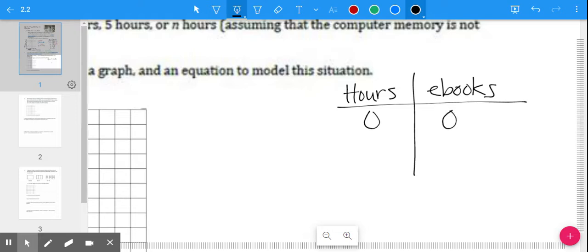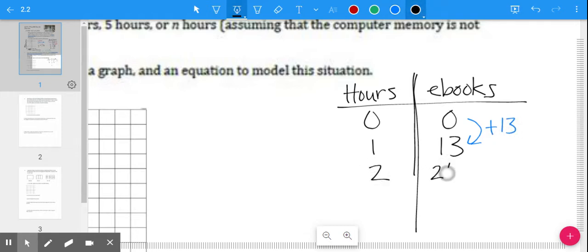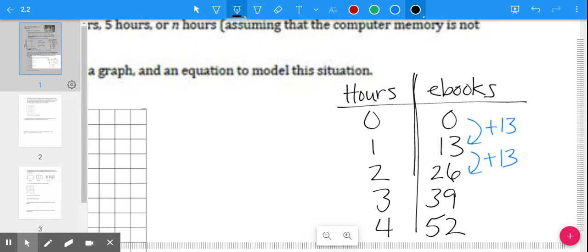So at hour 0, there were 0 ebooks. At hour 1, since it's 13 per hour, it puts us at 13. And then at hour 2, there's 26 because each hour it's an additional 13. Hour 3, it's 39. Hour 4, it's 52. So because we're adding, this is linear.